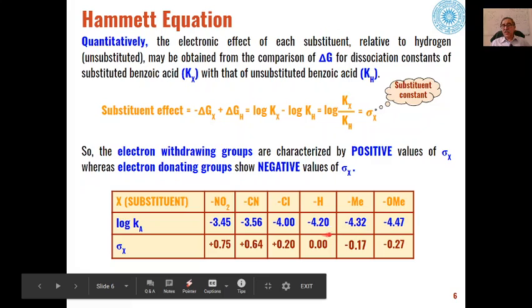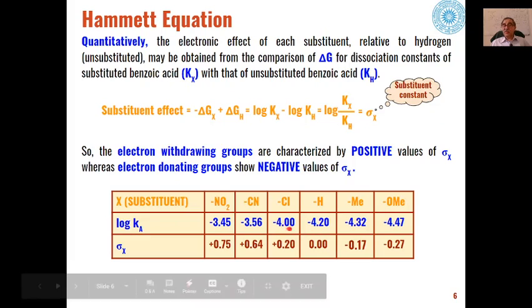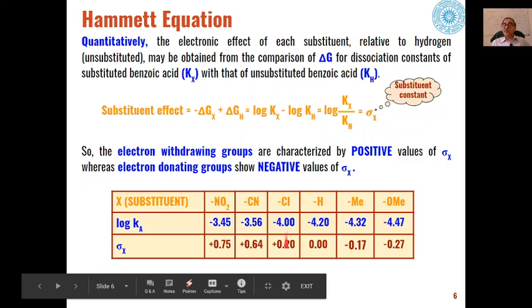In the unsubstituted case, the value of log Ka, that is Kh, is 4.20, and this is the value for Kx. So this minus this, 4.20 minus 4, comes out to be plus 0.2.